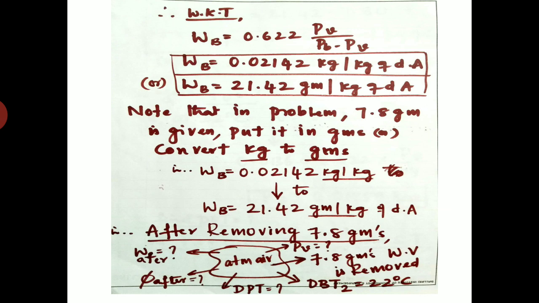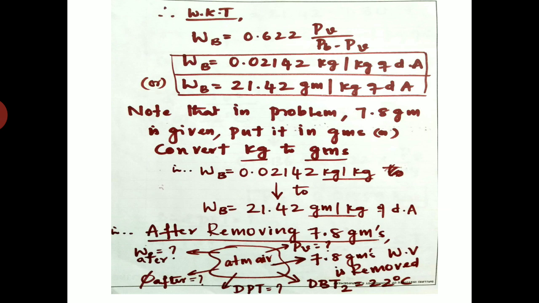Again we need to convert, because in the problem he has given 7.8 grams of moisture to be removed. If he has given it in grams, convert this kg per kg into grams also. Otherwise the problem becomes wrong, because both should be in grams or both should be in kgs.